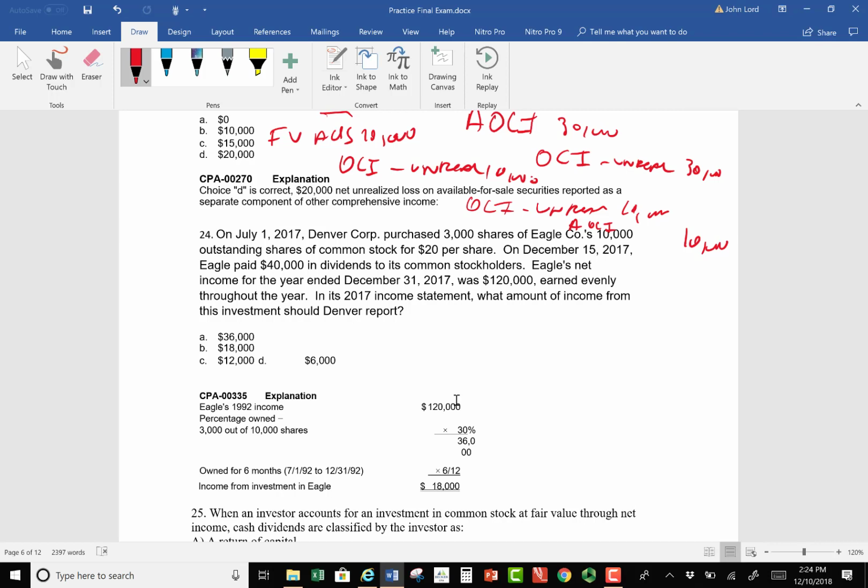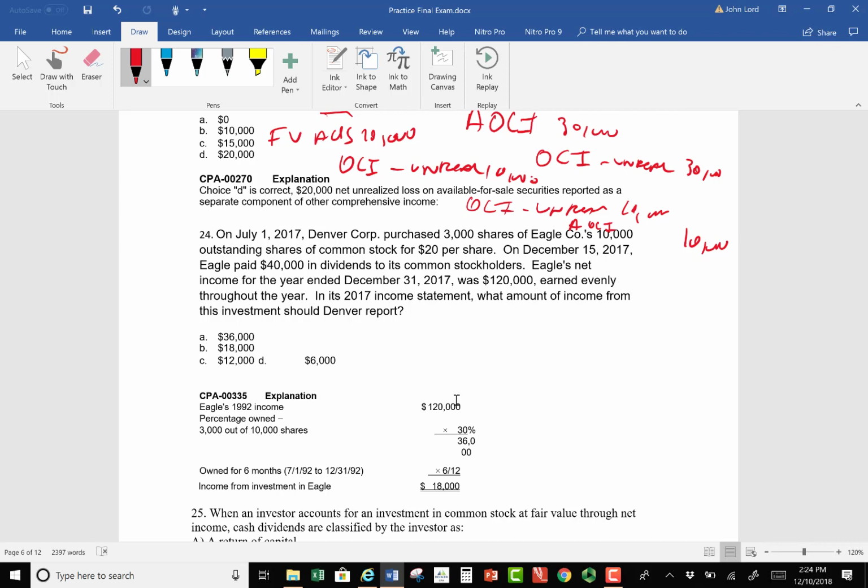And they ask, what is the amount of income from the investment? The amount of income from the investment is the investee's net income times the investor's share of the stock, which in this example was 3,000 divided by the 10,000 shares.